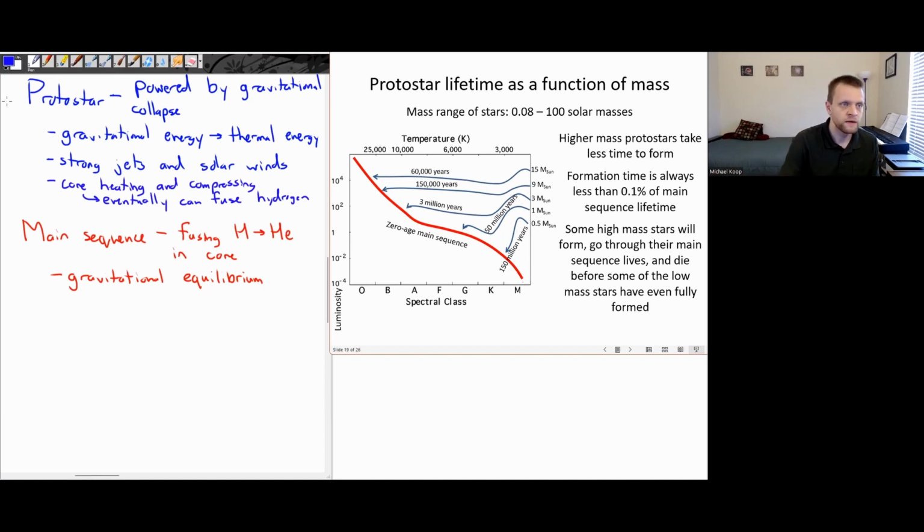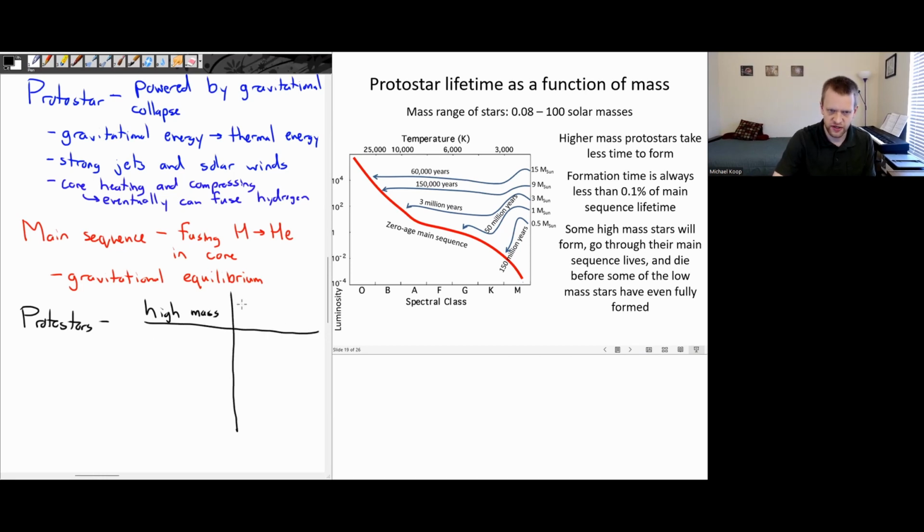So let me write a little bit of this information down. So for protostars, actually, let me set it up like this. Let's do a comparison between high mass and low mass.